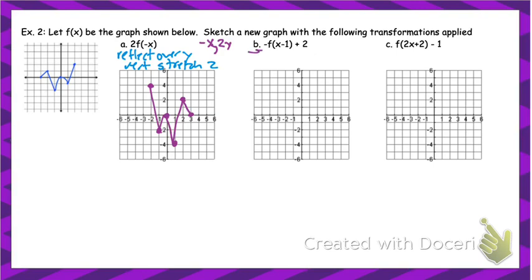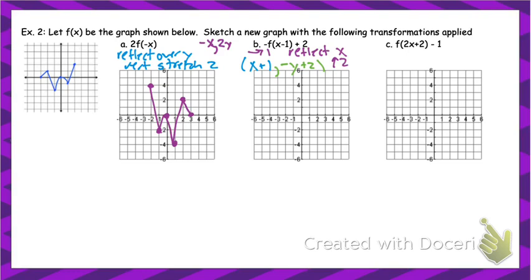So this graph has gone right 1. It's been reflected over the x-axis, and it's gone up 2. So what that's going to do to each of those coordinates, it's going to be the x-coordinate plus 1, and then we're going to take the y-coordinate, we're going to make it negative, and then we're going to add 2.